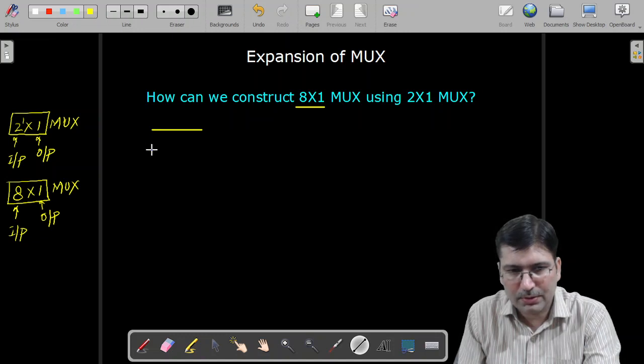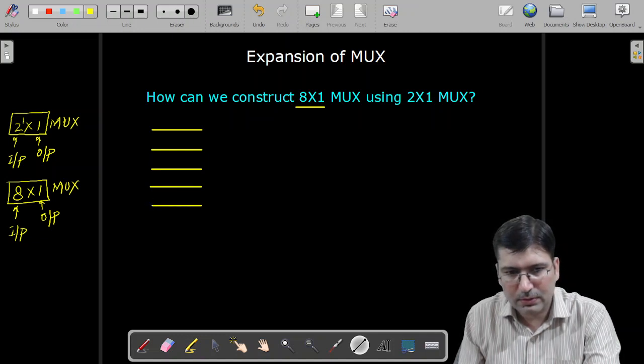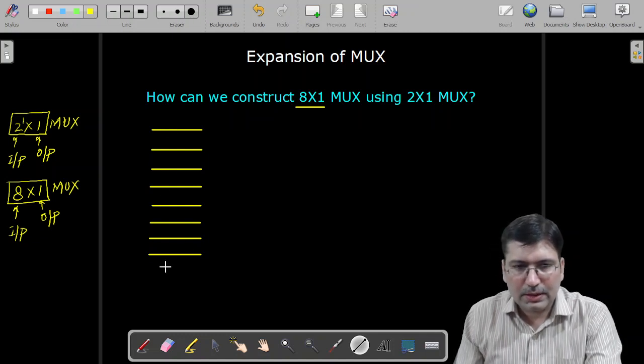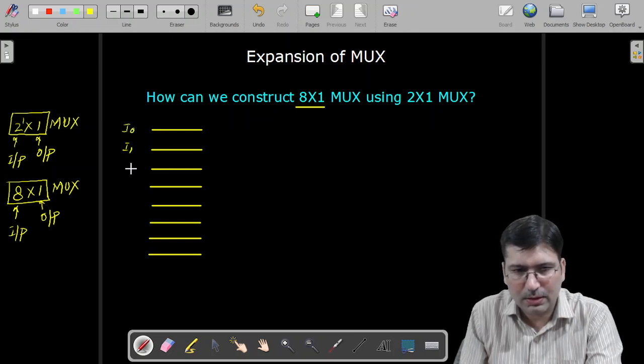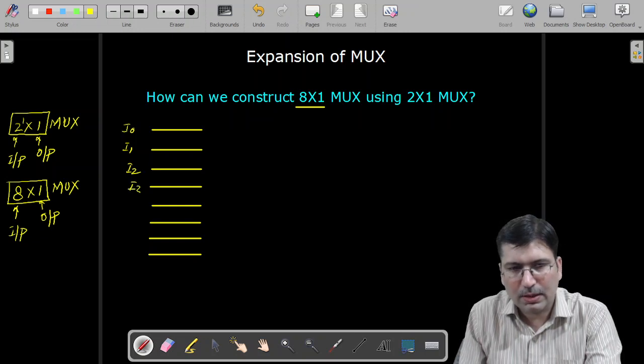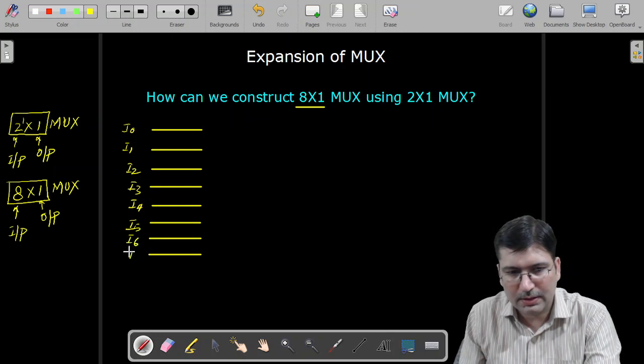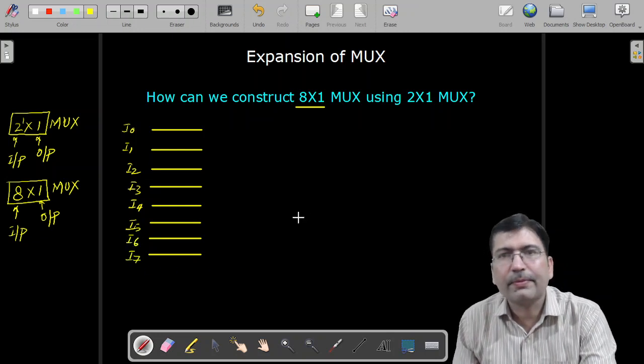So this is I0, I1, I2, I3, I4, I5, I6 and I7. These are the 8 inputs.